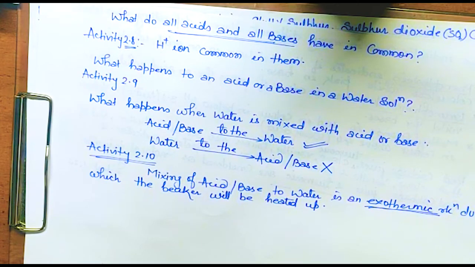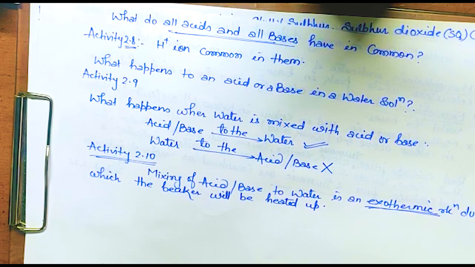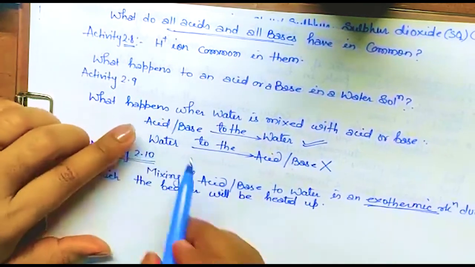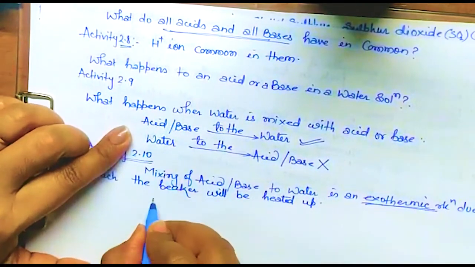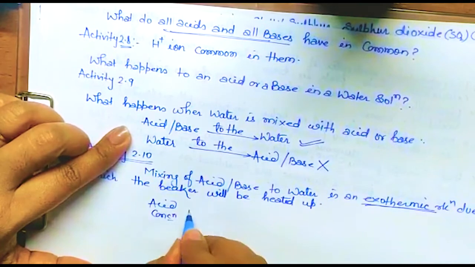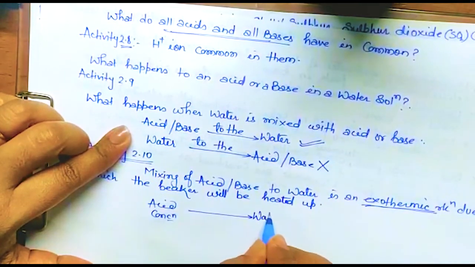Okay, mixing an acid or base with water results in a decrease in the concentration of ions per unit volume. Such a process is called dilution, or the acid or base is said to be diluted. Got it? If we are taking this acid here, with the proper concentration, concentrated, and now I'm going to add it to water, what will happen?